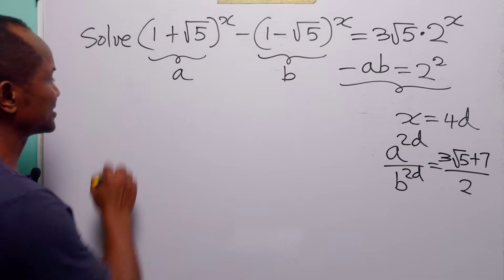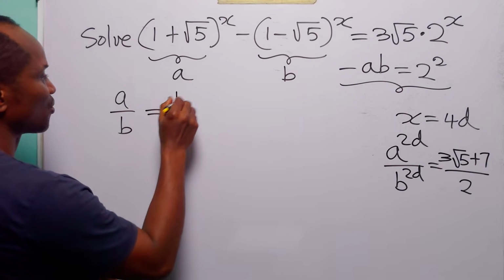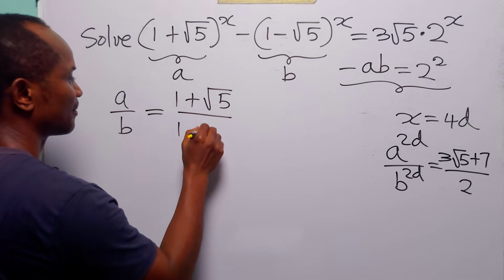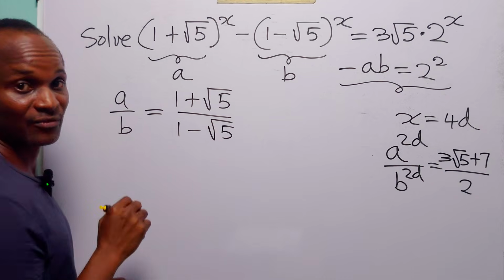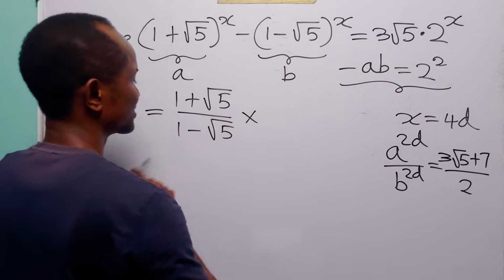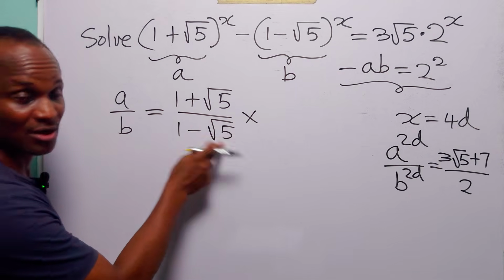Now let us evaluate a over b. This is equal to 1 plus root 5 over 1 minus root 5. Let us rationalize this first. And to do that, we multiply by the conjugate of the denominator, which is 1 plus root 5.